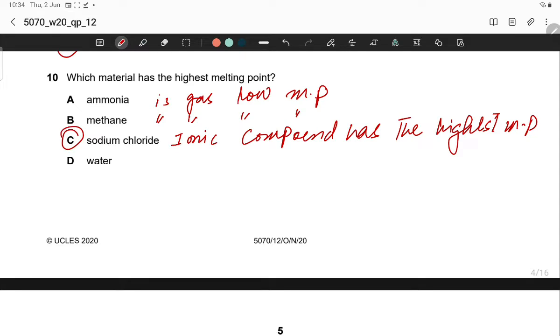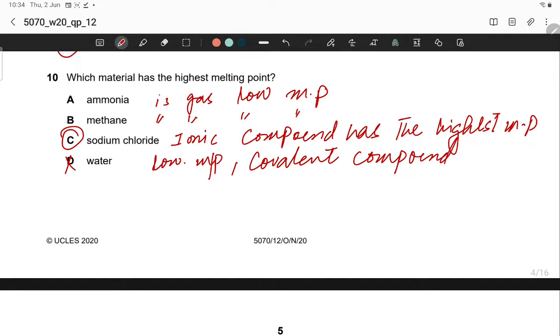So C must be correct. Water also has a low melting point because water is a covalent molecule, and covalent compounds have low melting and boiling points. So this is also incorrect.